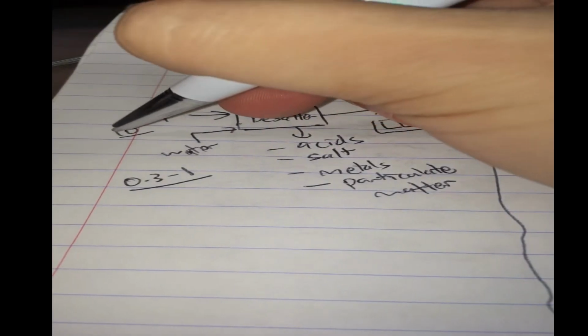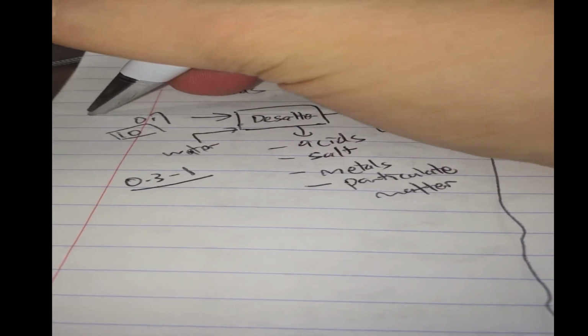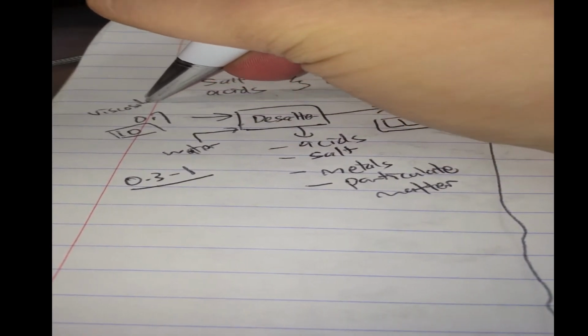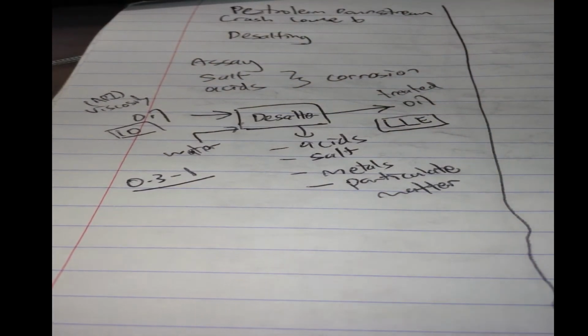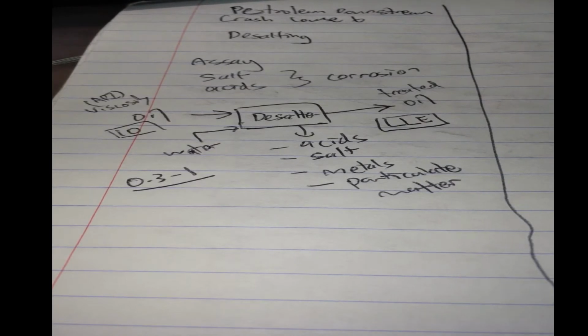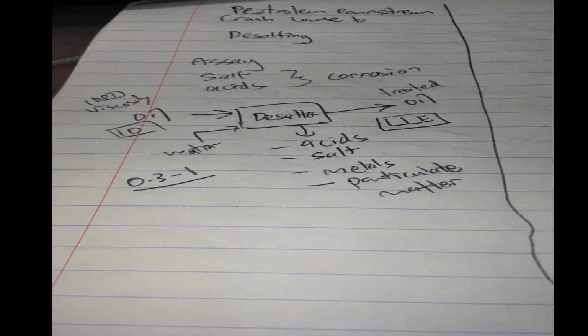It all depends on the viscosity of oil. Or you can also look at the API value. With higher API values, the less water you need, which means the more dense your crude oil, the more water you need to wash all that salt out.